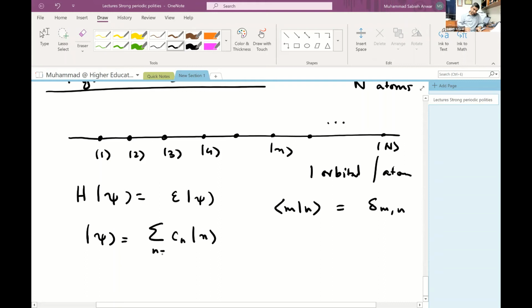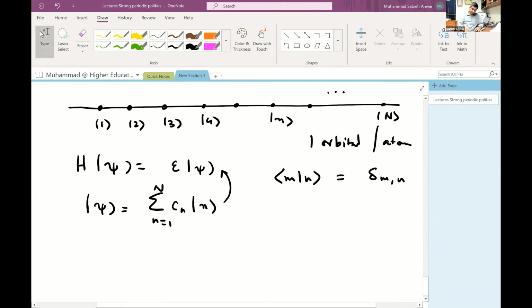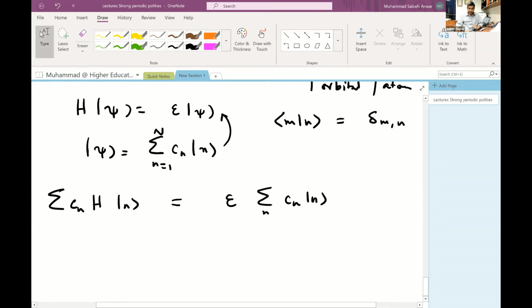So I form a general linear combination of all the atomic orbitals, and I put this into my Schrodinger equation. I get H times the sum over all n of Cn ket n, which gives me epsilon times the sum over all n of Cn ket n, right? So this is my time independent Schrodinger equation.